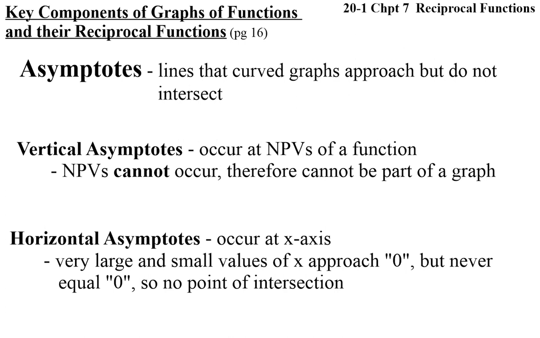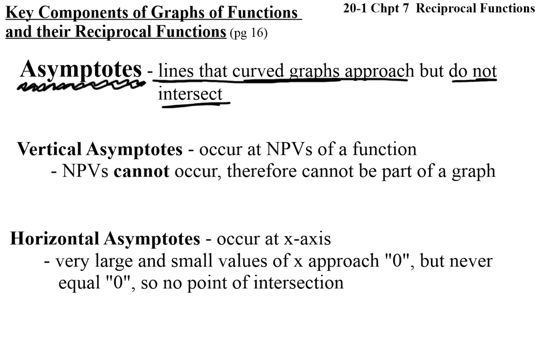To start with, this terminology is important. We have things that are called asymptotes. And asymptotes are lines that curve graphs approach but never intersect. And we saw that as we went through it. Well, we have vertical asymptotes.